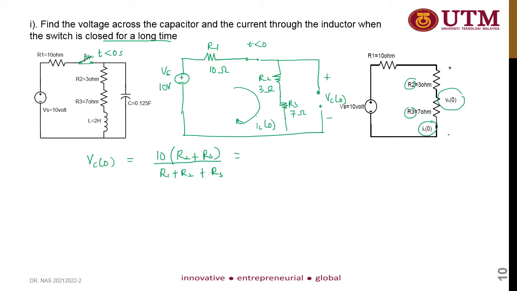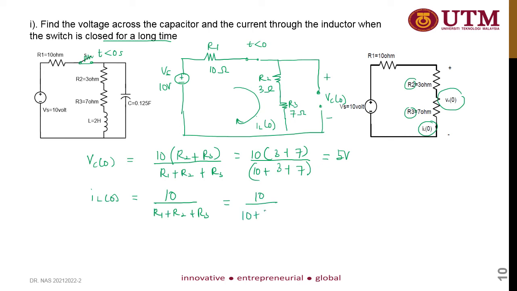So it is equal to 10 times 3 plus 7 divided by 10 plus 3 plus 7. So this is equal to 5 volt. And IL naught equal to the source divided by the total impedance. So the source is 10 divided by R1 plus R2 plus R3, which is equal to 10 divided by 10 plus 3 plus 7, equal to 0.5 ampere.